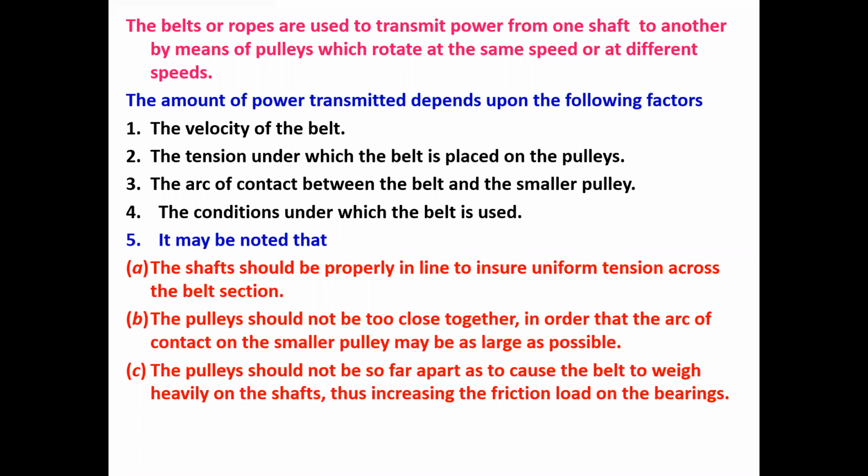In this, we may also identify some cases. The shafts should be properly in line to ensure uniform tension across the belt section. Second, the pulleys should not be too close together, so that the arc of contact on the smaller pulley may be as large as possible.